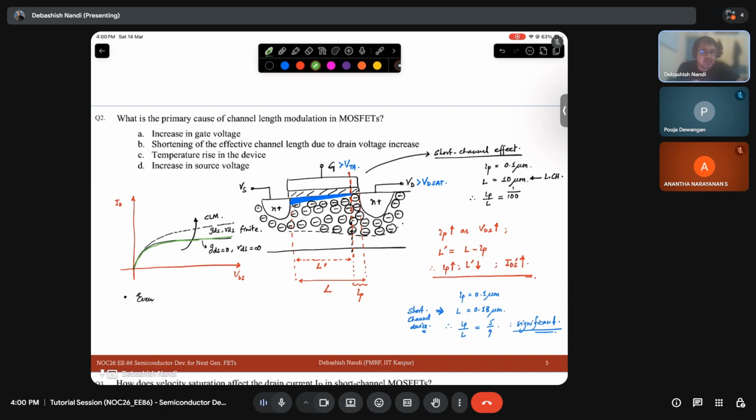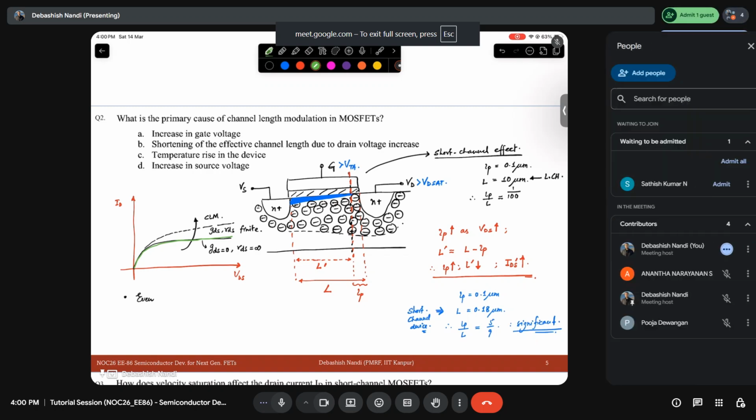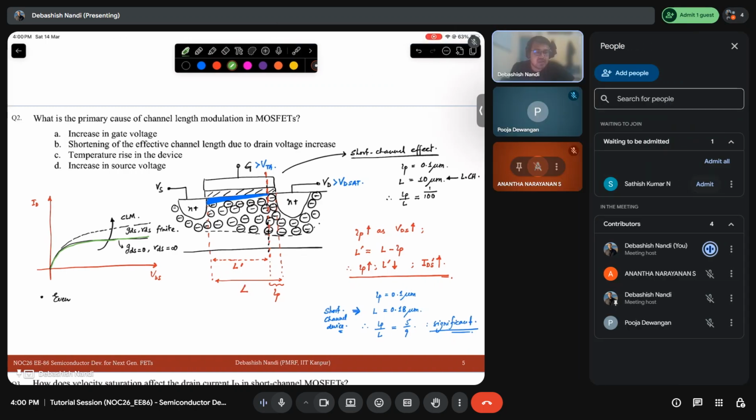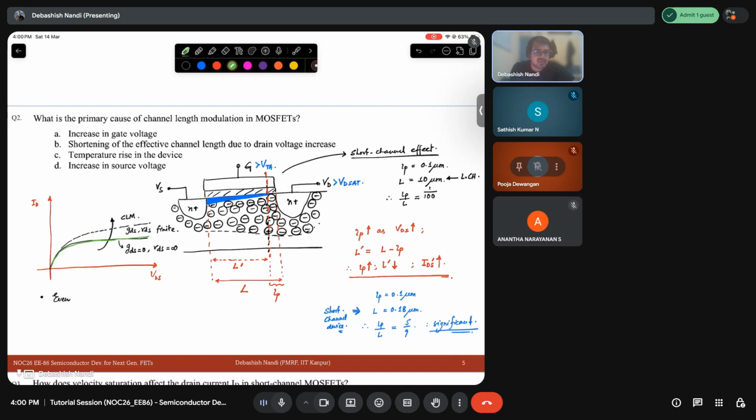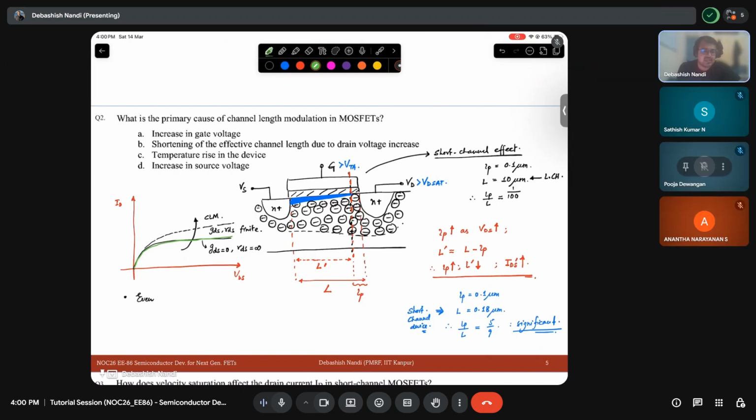People just did not notice that there is a change in current at all. But as soon as the channel length shortened due to the law of scaling from generation to generation, people started to observe that this current is increasing with VDS, or my GDS is increasing.